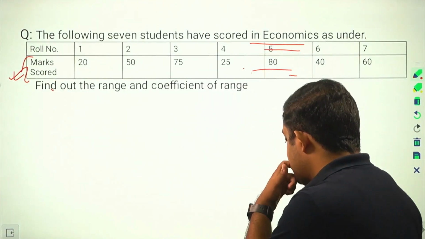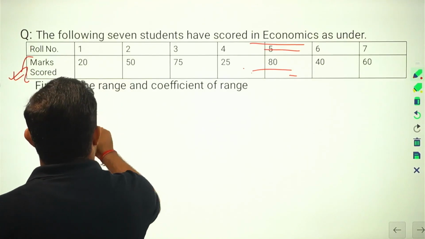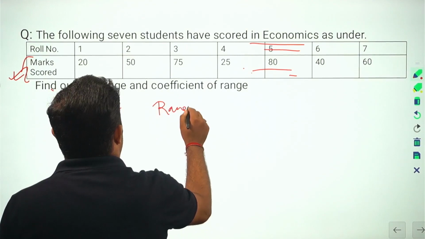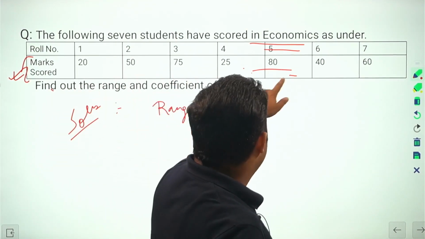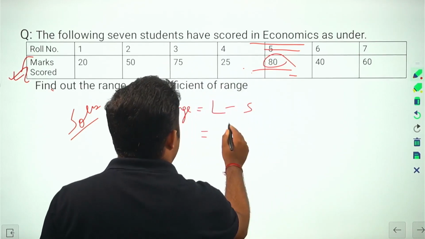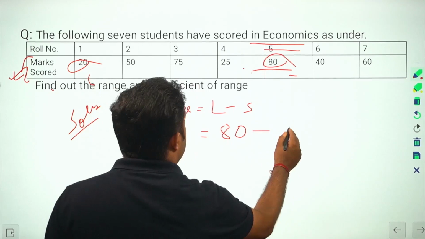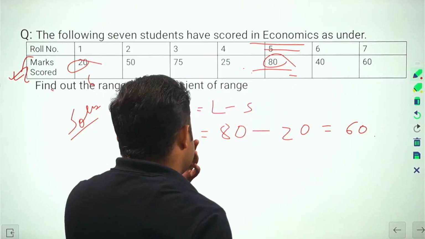Solution: range is L minus S. The largest value is 80, minus the smallest value 20. So this will give you 60. Range is 60.